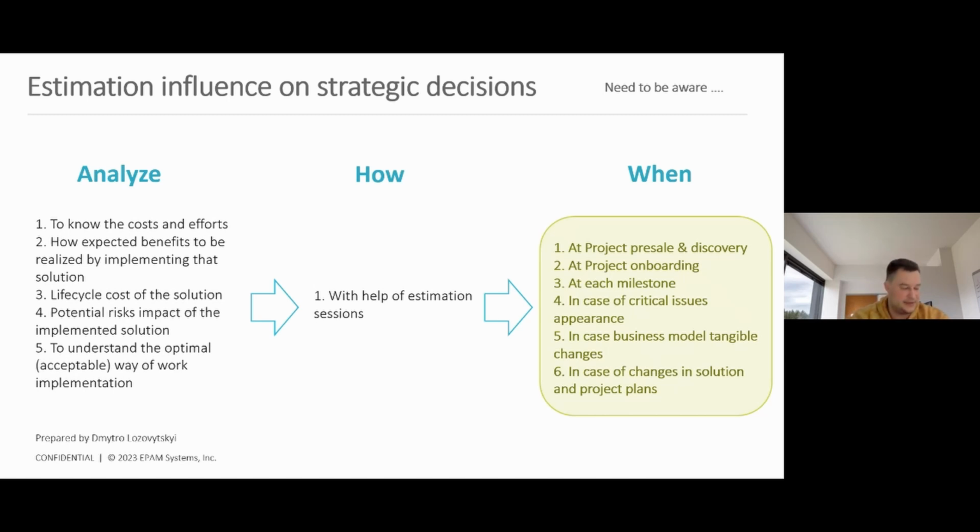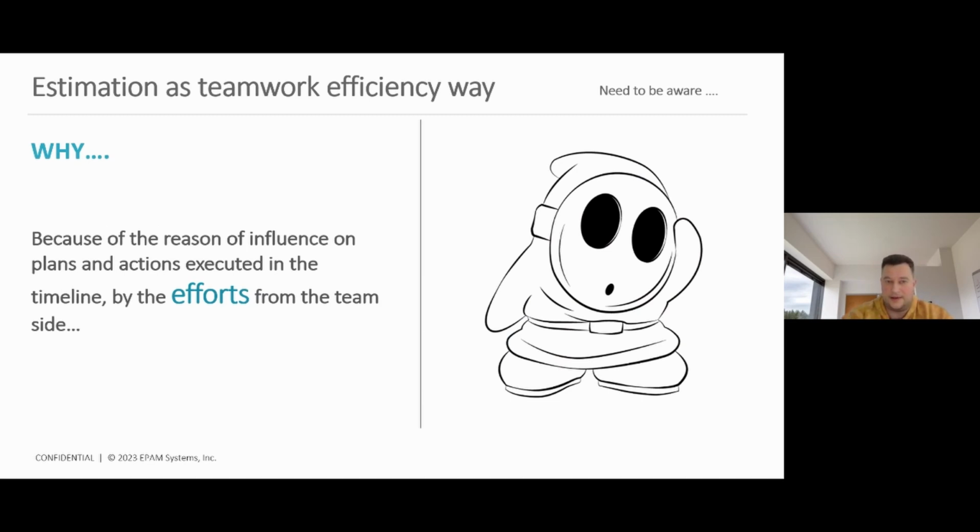So that is why the question of precise estimation could have a huge influence on some project steps, on project results and our actions. Estimation is a teamwork efficiency way. Why? And we have an answer.